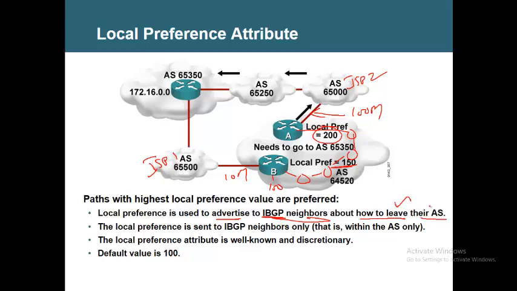So you don't need to configure this on every router in this autonomous system. You just configure it on A, and A will advertise this information to everyone in this autonomous system. And everyone will leave this autonomous system from A, not via B.